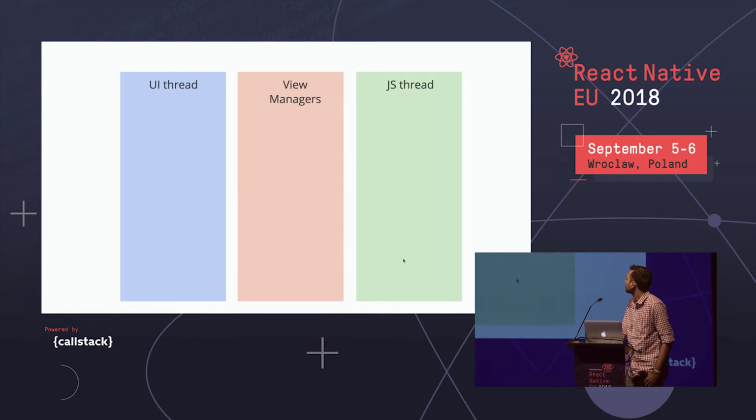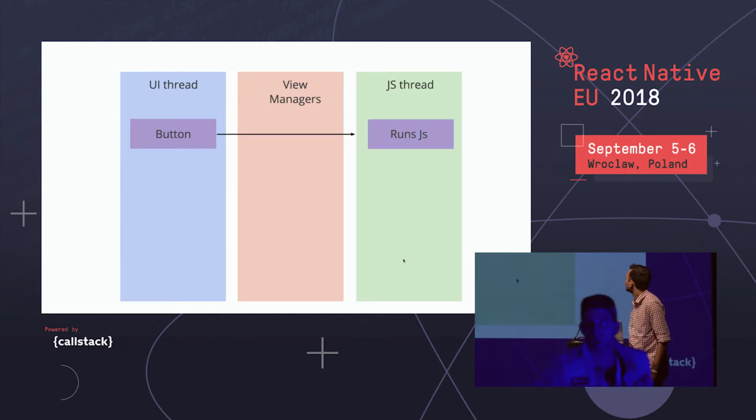So you have three main threads in React Native. Your native components, for example, your button, actually live in the UI thread. When you click the button, it sends a message to the JavaScript thread saying the button is clicked. What should I do? And in your JavaScript, you write your code to update your UI.